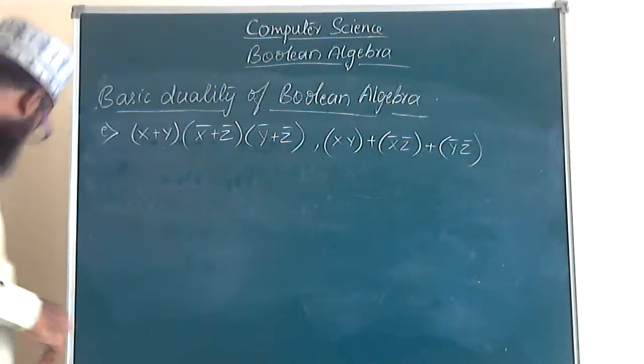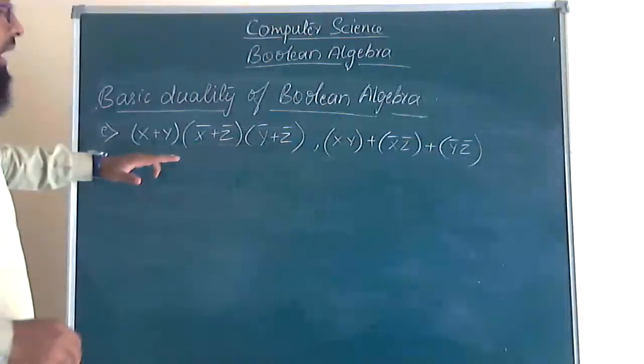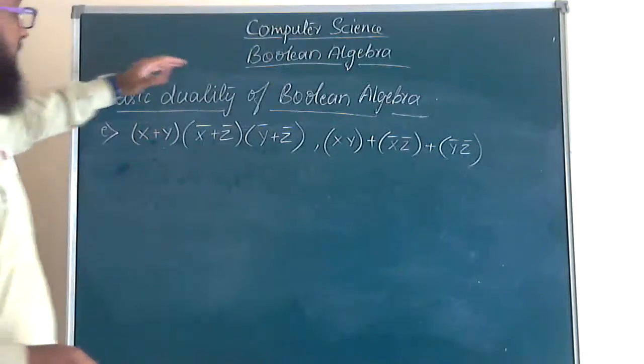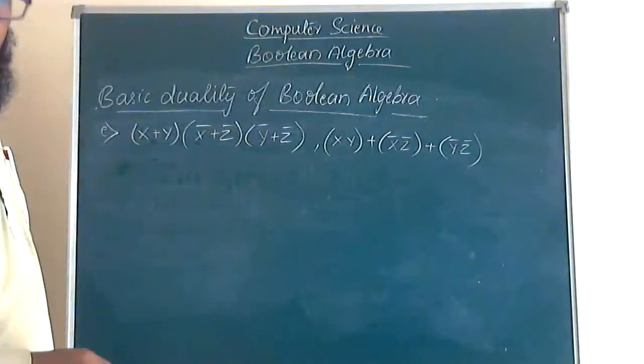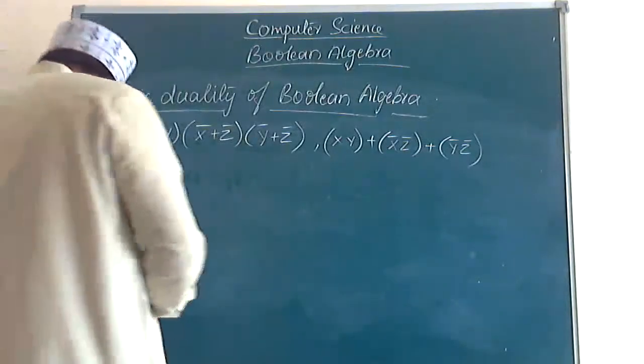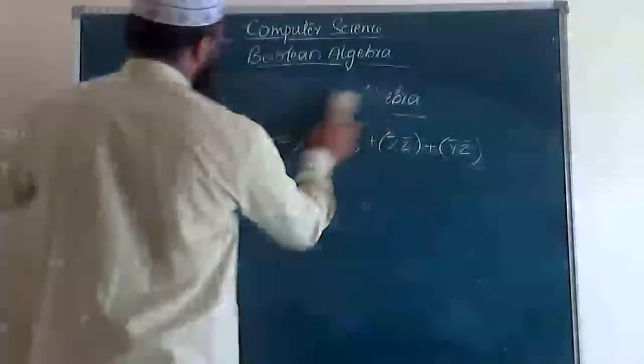So like this, we can create the dual form of any expression. So that is called basic duality of Boolean algebra. Okay, so we shall move with the next thing, derivation of Boolean expressions.